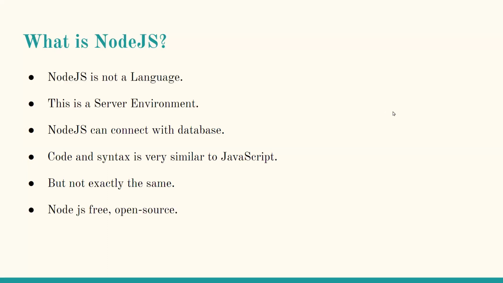Node.js is totally free and open source. Node.js internally uses the V8 engine to execute the code. In that V8 engine, we basically use JavaScript, even the Chrome browser, where we just use JavaScript, also uses the Chrome V8 engine.